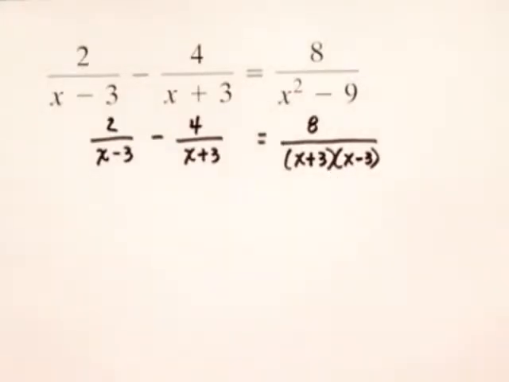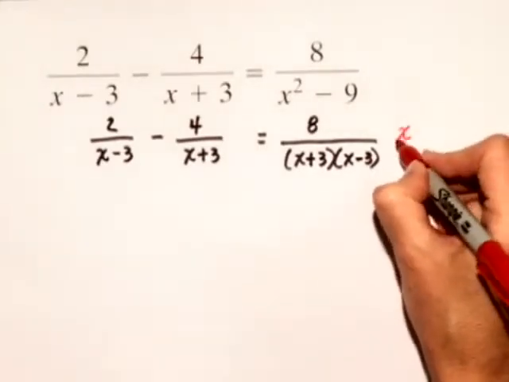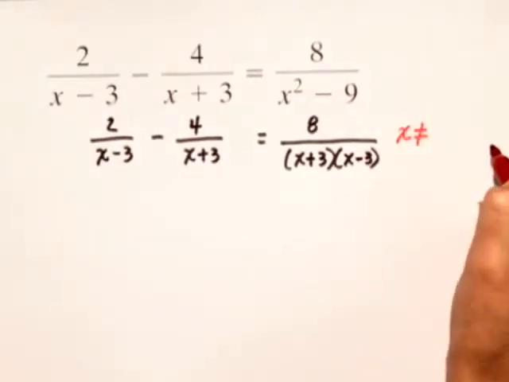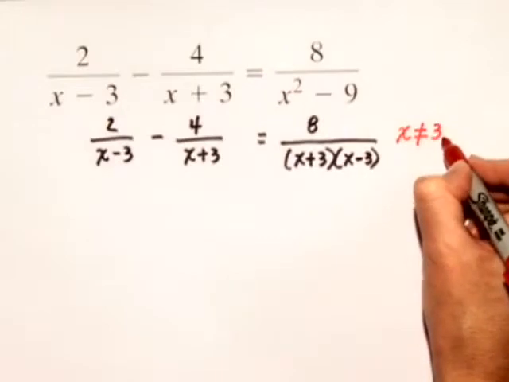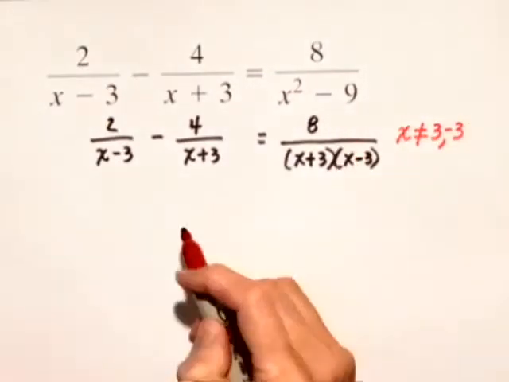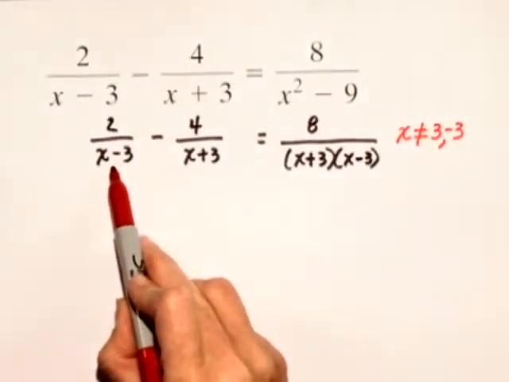But before we do that, since this is a rational equation, we want to make sure we take a look at the restricted values and determine any values that we cannot let x equal. In this case, we cannot let x equal positive 3 or negative 3, because if we let x equal positive 3, in our first fraction, 3 minus 3 would give us 0 in the denominator, and we cannot divide by 0.